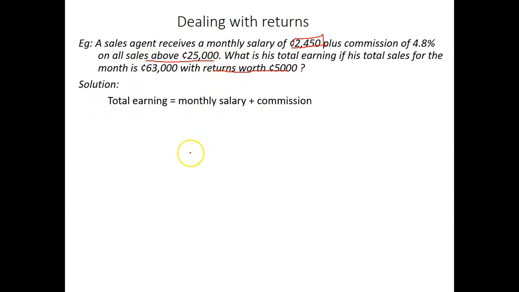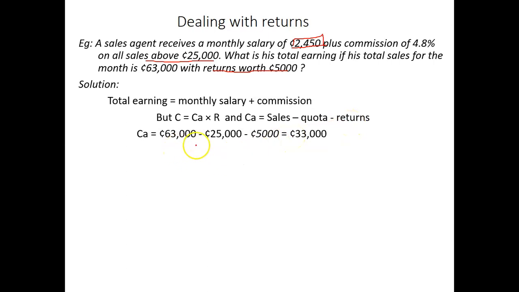So we are going to use the formula commission is equal to commission amount times rate of commission. Since quota and returns are both in the question, commission amount should be equal to sales minus quota minus returns. So commission amount is 63,000 minus 25,000 minus 5,000, and that gives you 33,000.